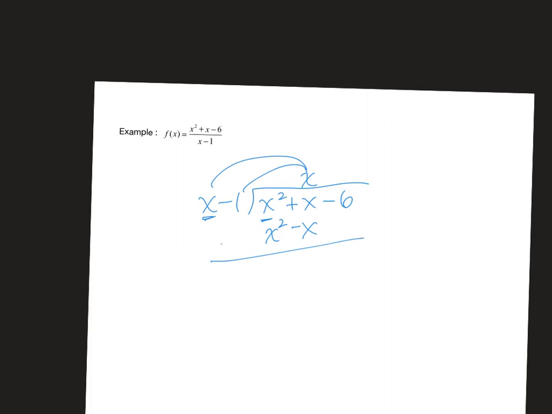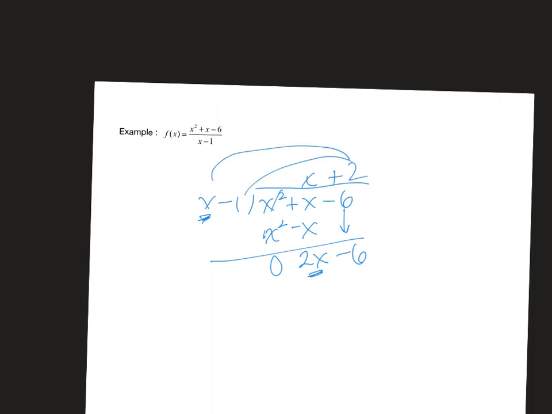When I subtract, this becomes 0. When you subtract a negative, it's the same thing as adding. And you bring down. Then I need this x to go into this 2x, which goes 2 times.